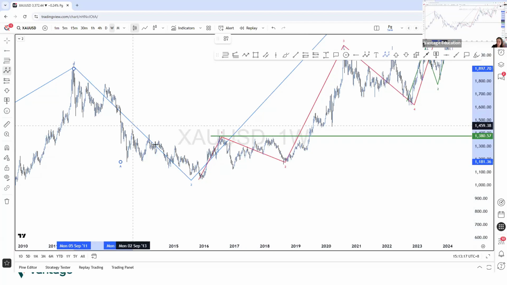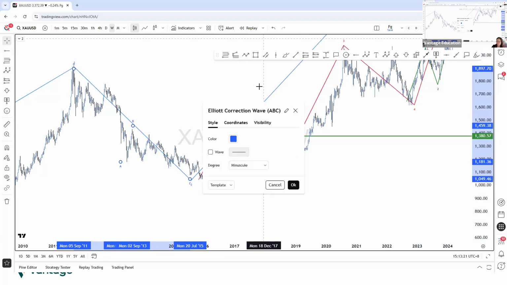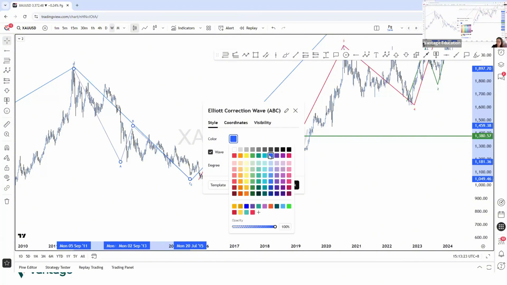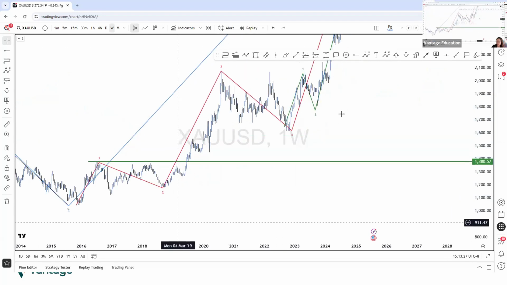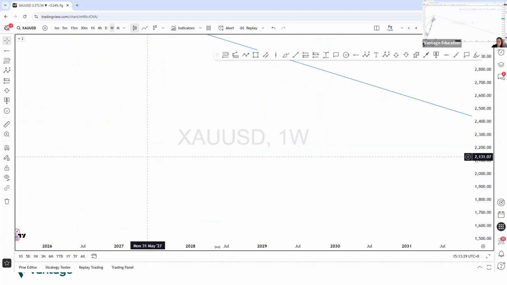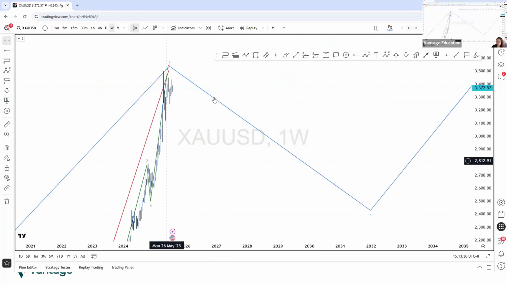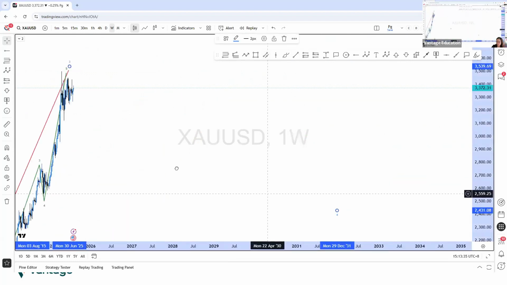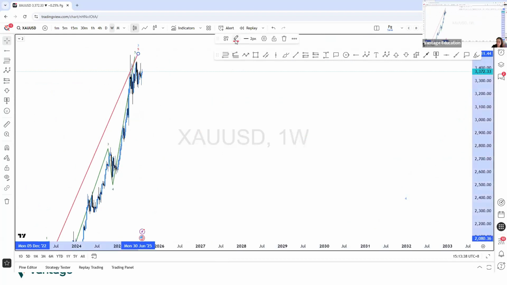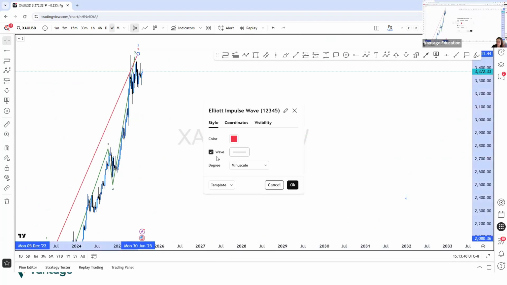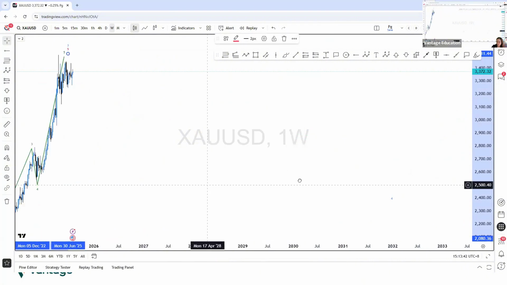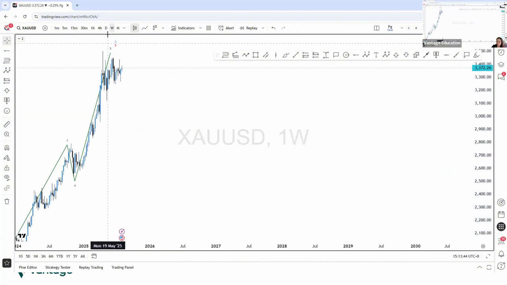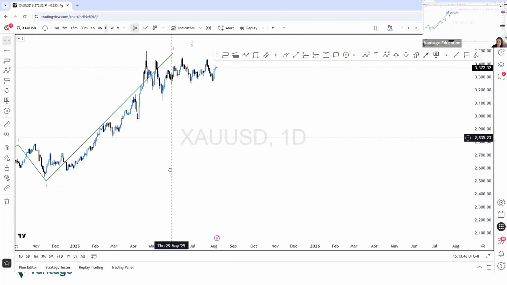Maybe it should be C and this should be D. Something like that. Okay. And if I want to zoom in again, I will just remove this one. It will just keep repeating like that. Okay. I will just remove the line. I will go down to the lower time frame. This is D1.